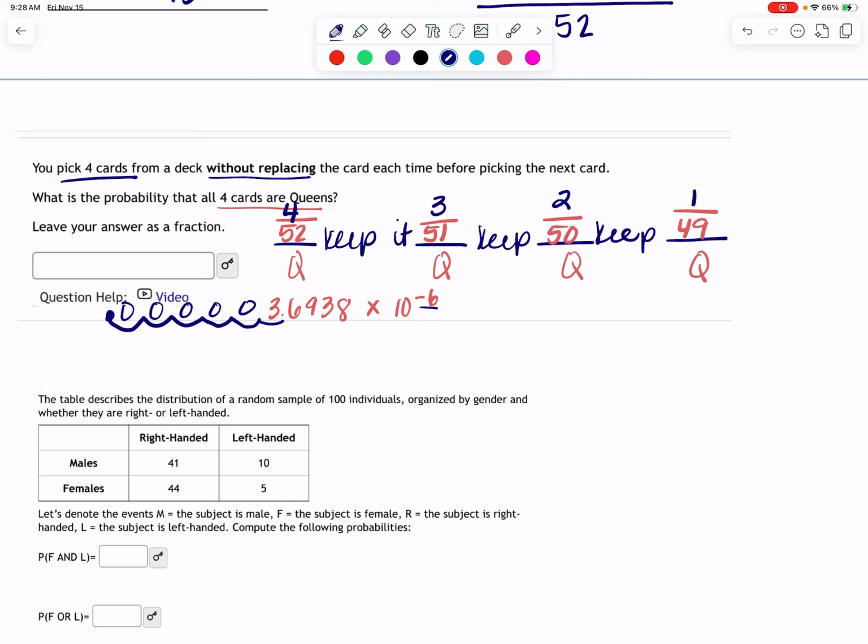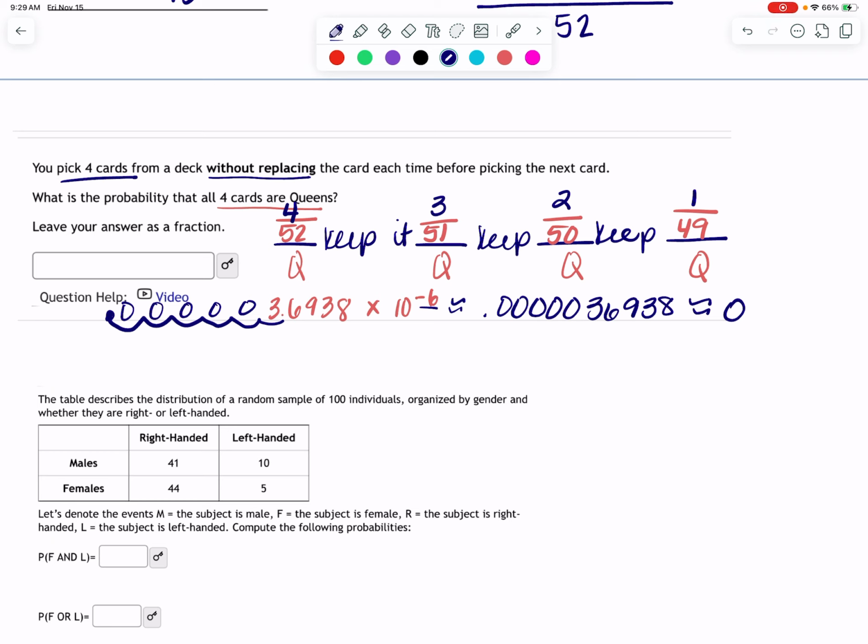So 3.6938 times 10 to the negative 6th, in standard form, instead of scientific notation, looks like that, which is essentially 0.